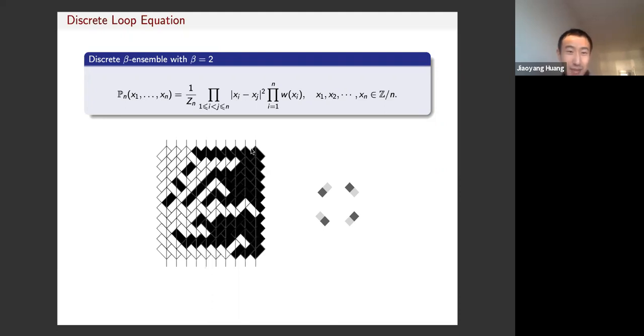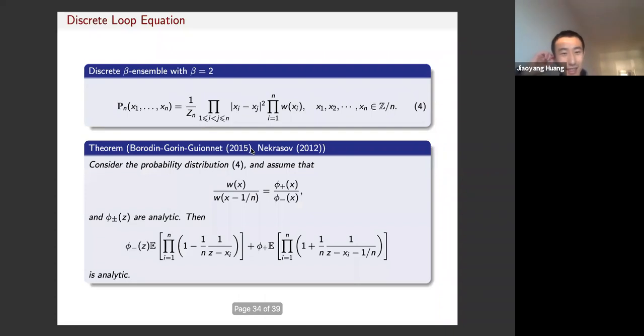For those discrete beta ensembles, we also have the loop equation, the discrete loop equation. It was proven by Borodin, Gorin, and Guionnet, originating in some physics work by Nekrasov. Their result is more general than this one: they can take beta to be anything, not necessarily 2.